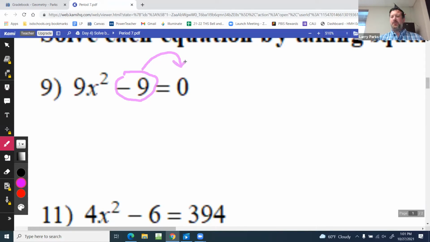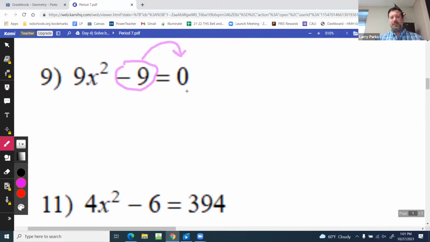You always want to get your constant by itself. So now I have 9 equals 9x squared. If you have an x term, you do not do this. You'd move everything to one side.